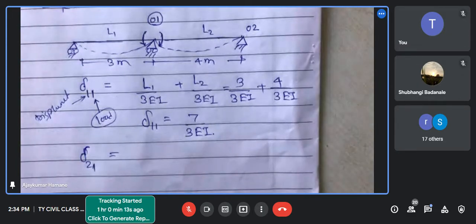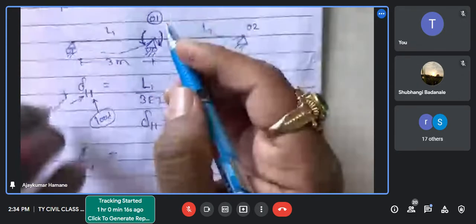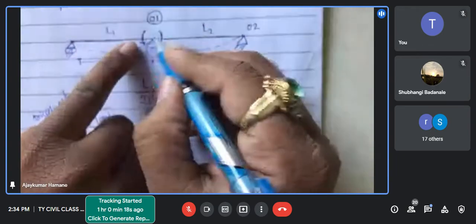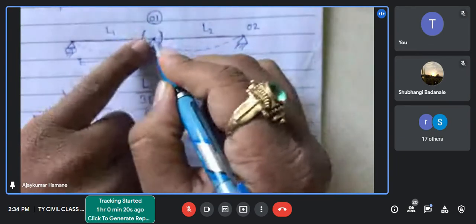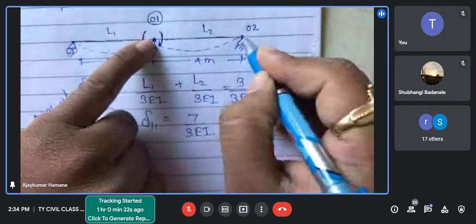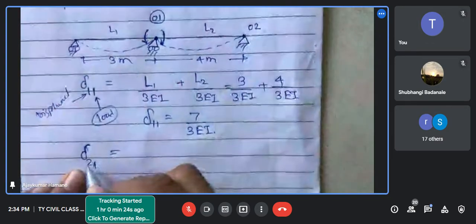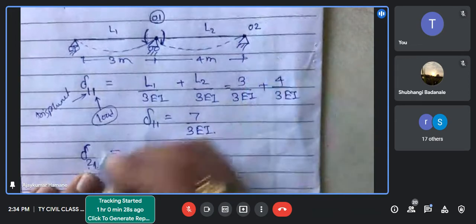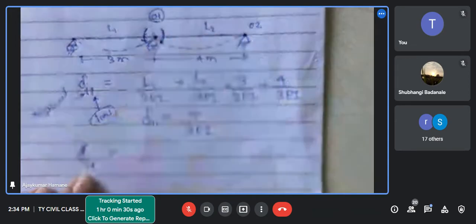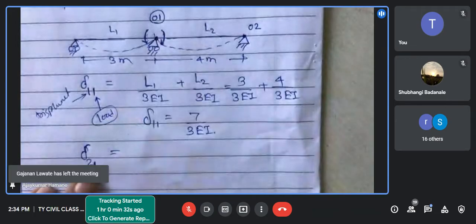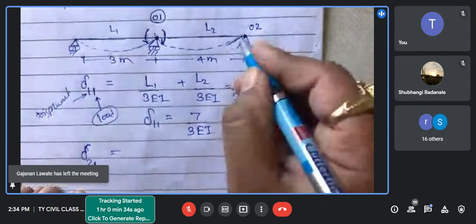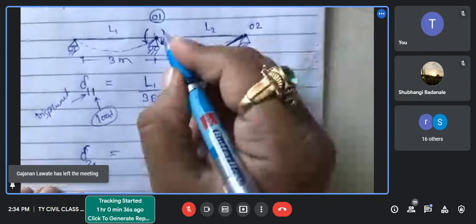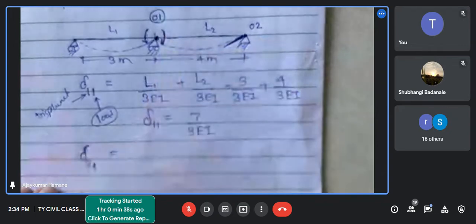Now, what is delta 2 1? Delta 2 1 means if you apply the moment at this end, what is the effect at 2? That means what is the displacement at 2 due to the loading at coordinate 1? What is the slope at this end when we have the rotation at 1?